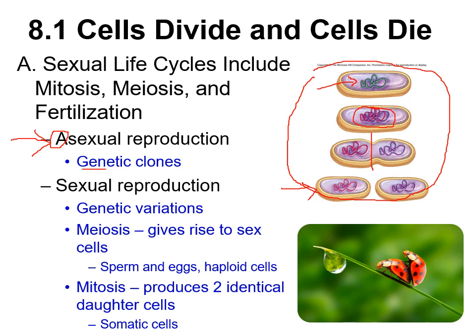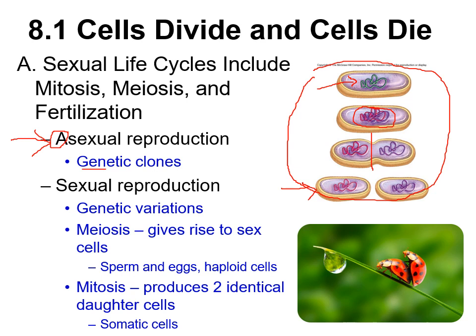These are going to be two new generation cells that are identical to the original cell because they only had one source of DNA. This should also be the part where I put my little disclaimer, which is that the only way you can get variety in an asexual reproduction is if there is a mutation, a random change in the DNA that appears. Beyond that, everything will be identical from the original source.